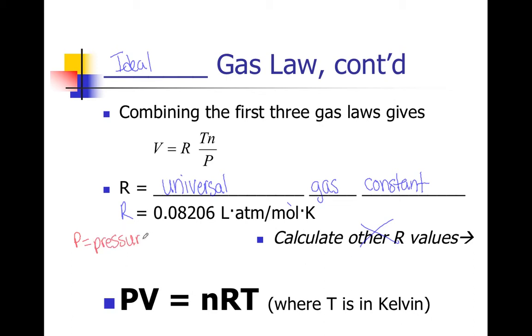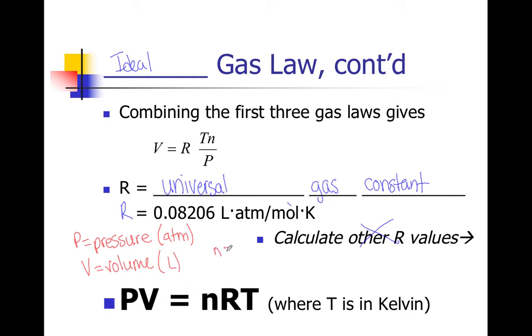and we have to be a little bit specific about some of our units in the ideal gas law because of our universal gas constant. The unit of pressure found here is atmospheres, so we need our pressure to be in atmospheres. V is for volume, and again we're going to take a look at our universal gas constant, and liters is the unit for volume.